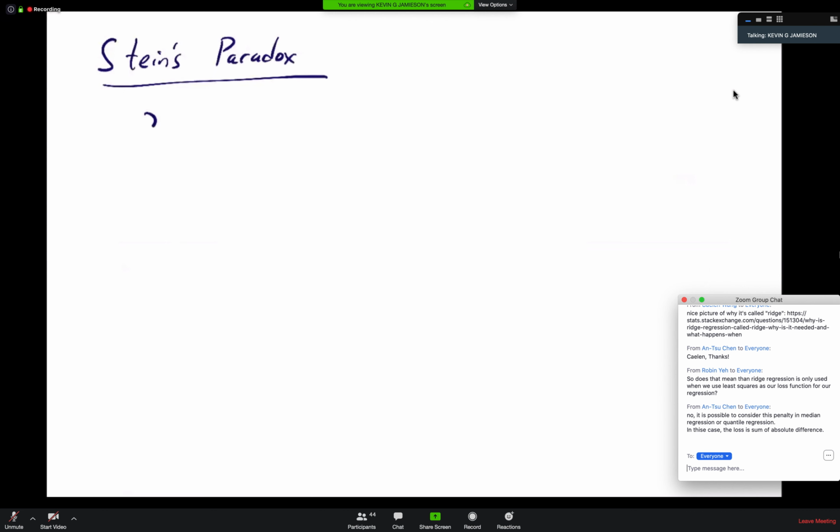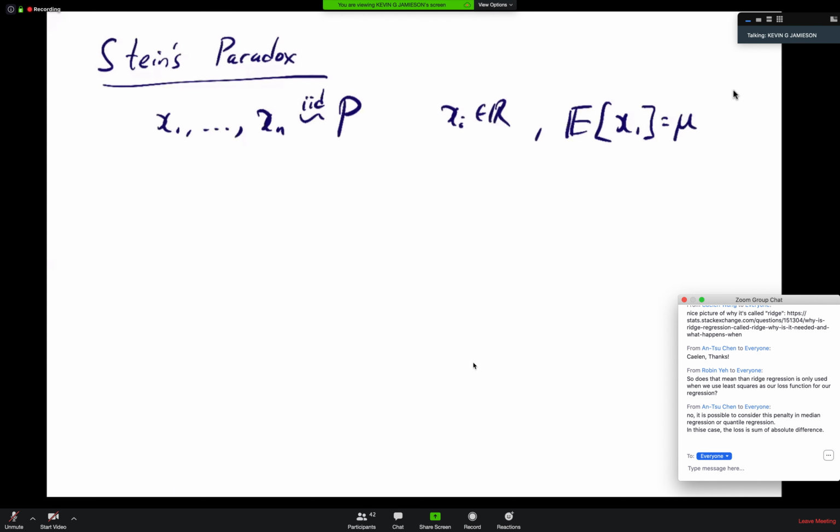Stein's paradox says that if you have x1 through xn drawn from some distribution p, where each xi is in R, and the mean of x1 is equal to mu, so it has some expectation that exists, now the unbiased estimator for these numbers is of course just the empirical mean, equal to 1 over n times the sum from i equals 1 to n of xi.